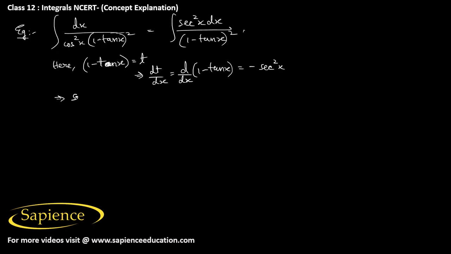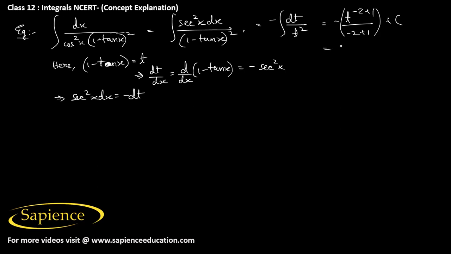So hence sec square x dx can be written as minus dt. So this integral we can write as integral minus dt by t square. So this will be minus of t power minus 2 plus 1 by minus 2 plus 1 plus c.